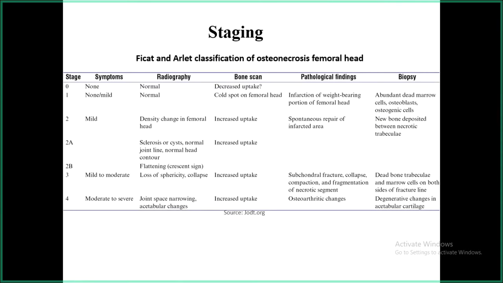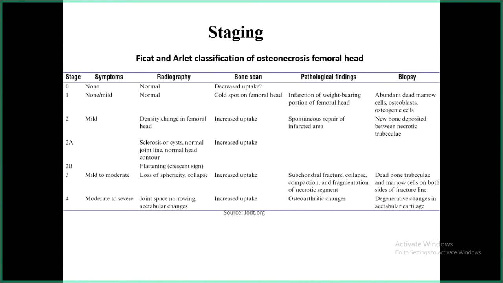Now the staging. First is the Ficat-Arlet classification of osteonecrosis of the femoral head. This is the summation of all the things: clinical signs, radiography, bone scan, as well as the biopsy. In stage 0, the bone scan shows decreased uptake. In stage 1, the symptoms are very mild.